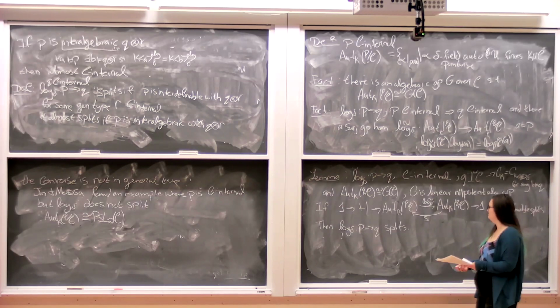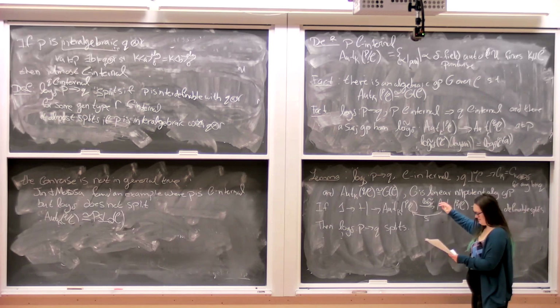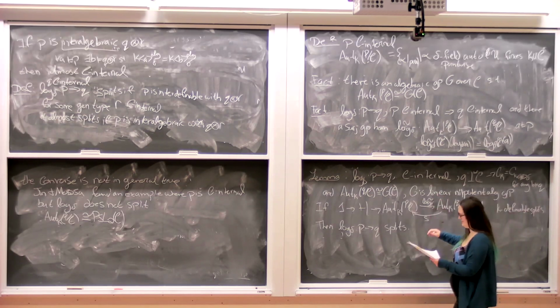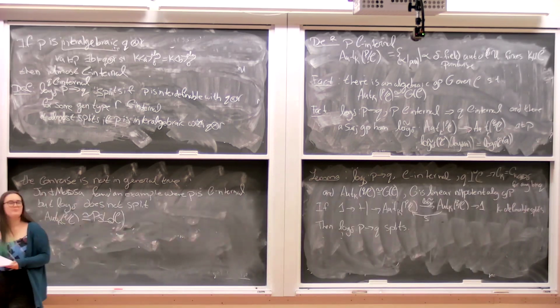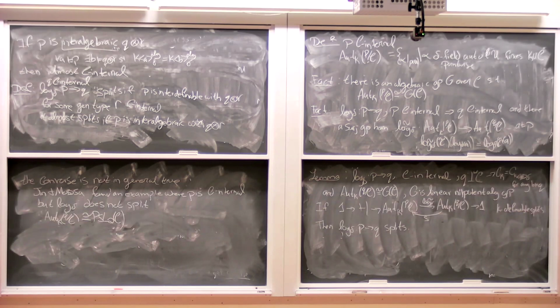Okay. But so we have this, and okay. So then we can show a more, so under these assumptions, we can show the connection between internality and almost splitting. Okay. So this is our theorem. So we have the same assumptions as over there.